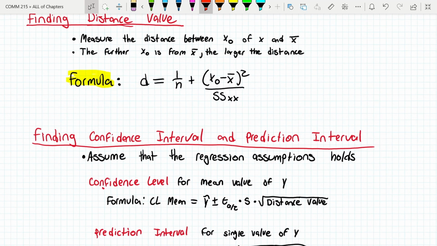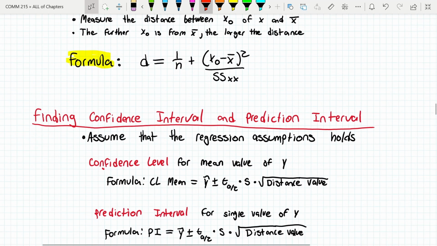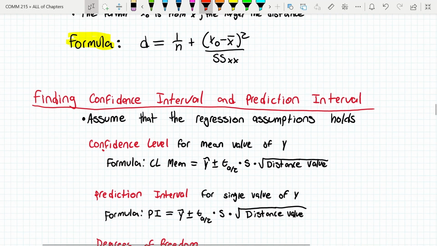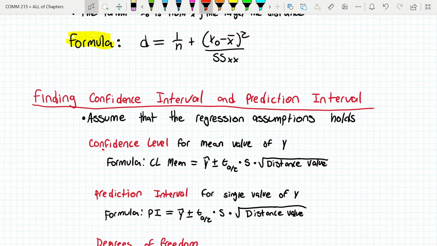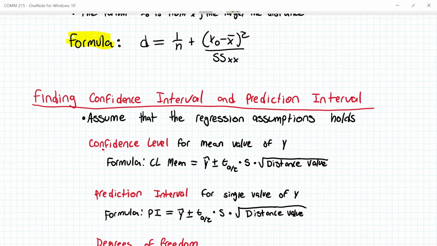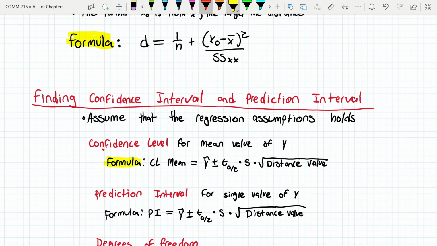So finding confidence interval and prediction interval. So assume that the regression assumption holds. Confidence level for the mean value of y using the formula, I'll put it in yellow again just because it looks clear. It is equal to the y hat plus or minus your t value times s times the square root of your distance value.